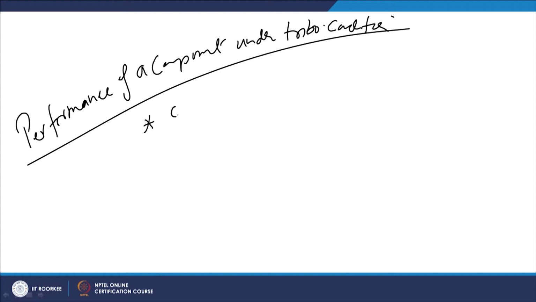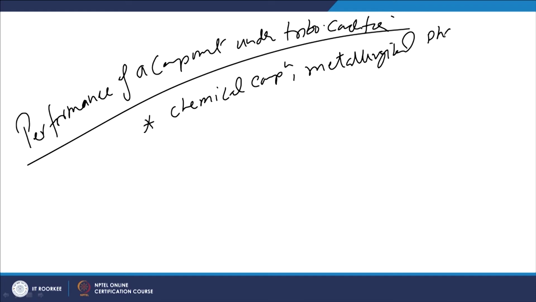For example, chemical properties, primarily chemical composition of the material, and then for a given chemical composition what kind of metallurgical properties it has, like the phase and the grain structure of the material.